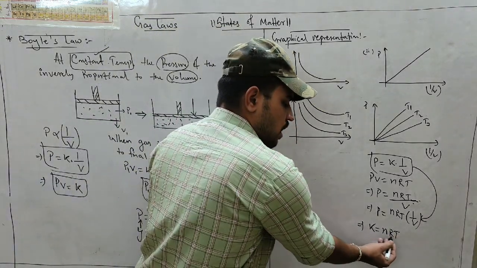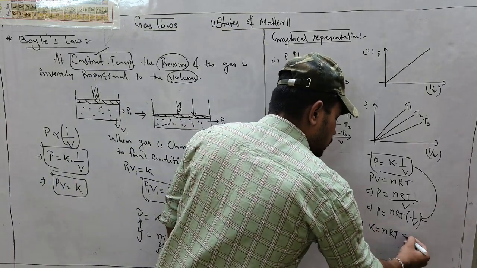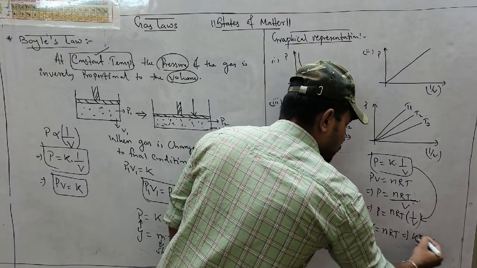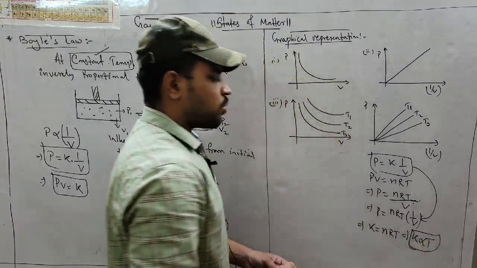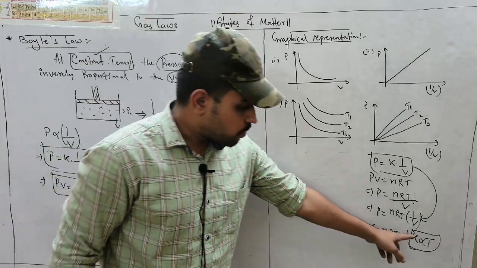We know that n and R values are constant. So the K value is proportional to temperature. And K means what? Slope.